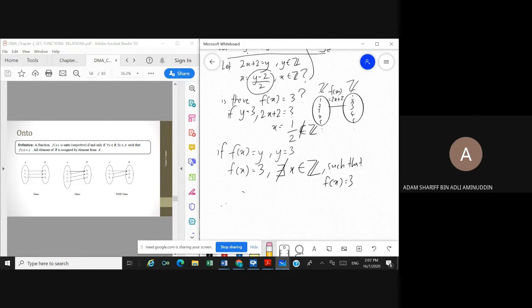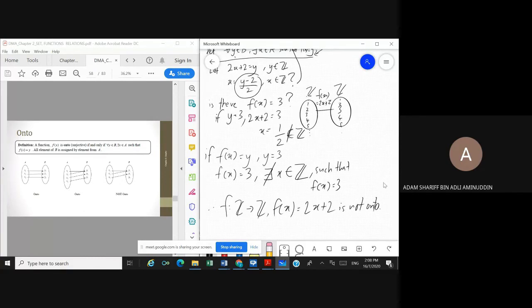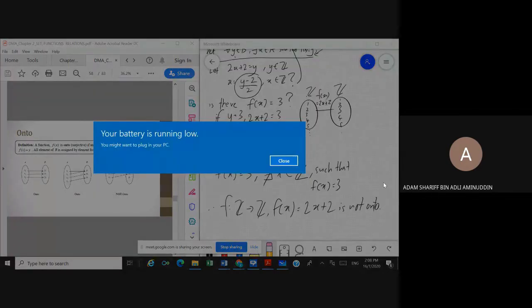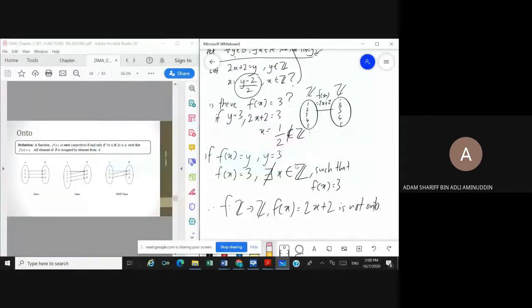As my conclusion, f from Z to Z such that f(x) = 2x + 2 is not onto. Finish. This one will be a little bit complicated. Take some time to digest this.